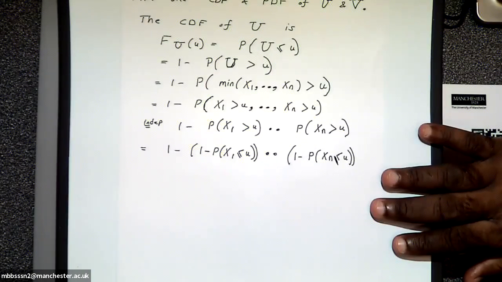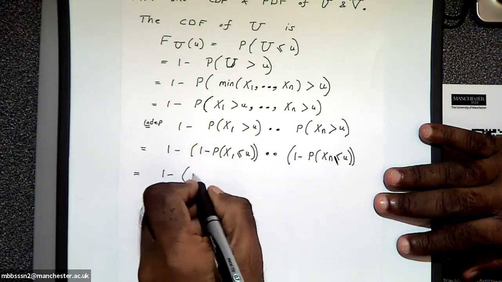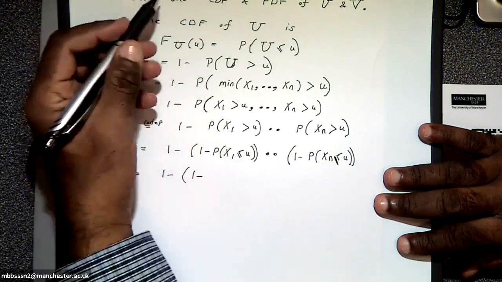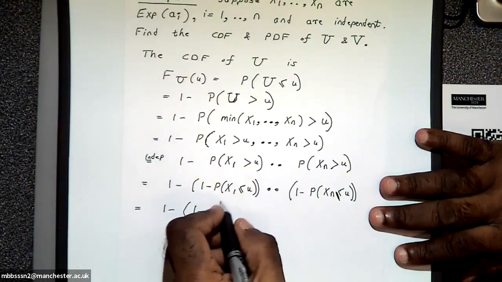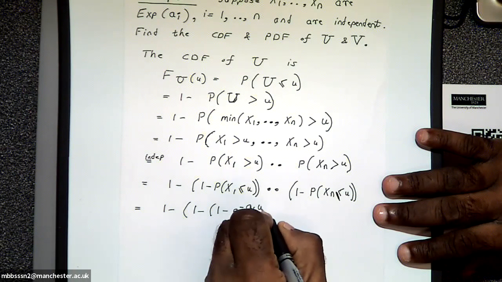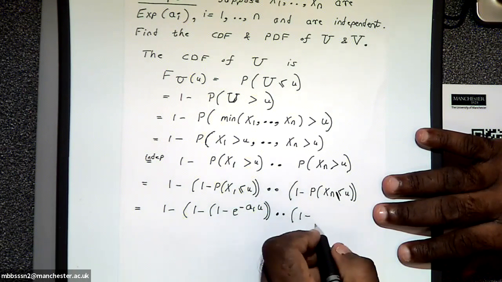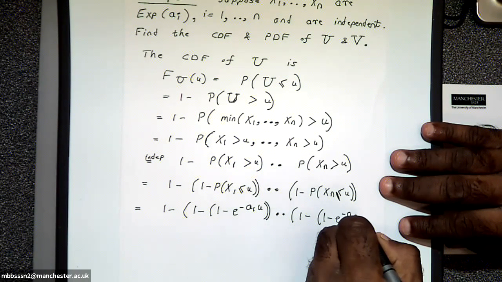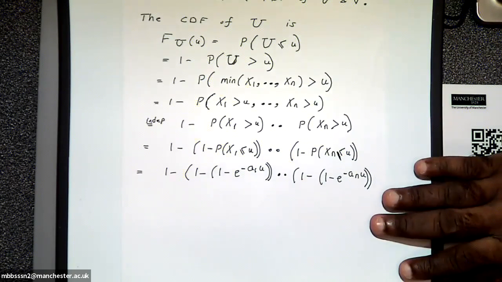Okay, right. Now this is where the things change. Now we know that x1 is an exponential random variable with parameter a1. A1 is the parameter for x1. So this is going to be 1 minus e to the minus a1 times u, and this is going to be 1 minus e to the minus an times u. You follow what I'm saying?